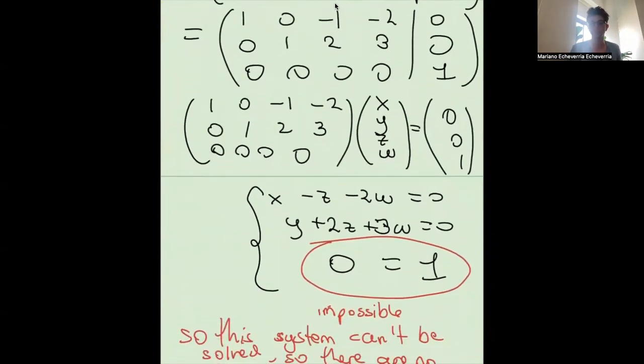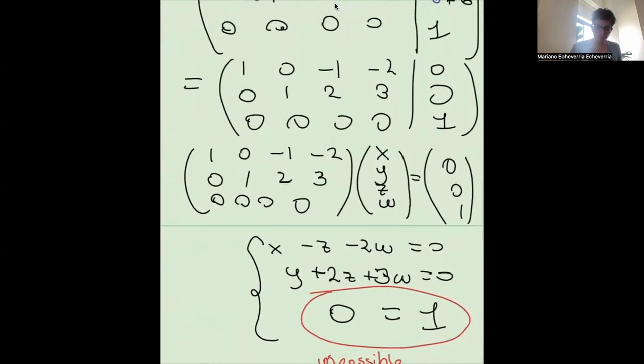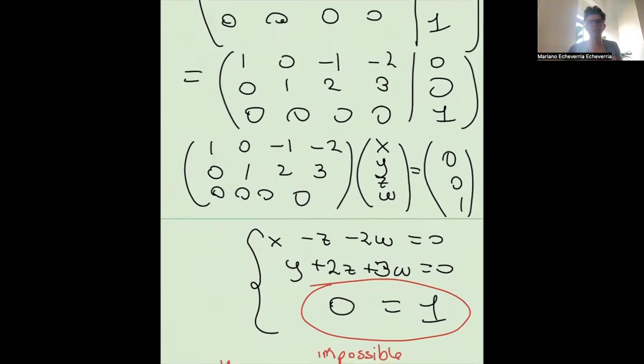If you rewrite this in terms of the variables, it's 0x, 0y, 0z, 0w, so all the variables go away and you just get 0 equals 1. Then you're done because that cannot be solved. That's impossible. So an inconsistent system is always easy to identify once you reduce the matrix.